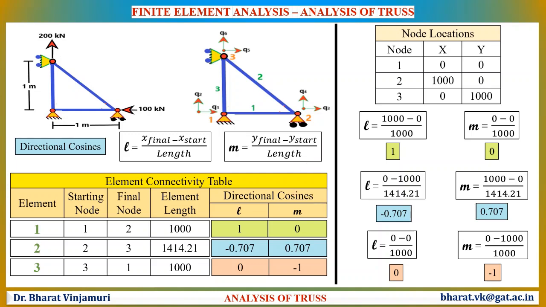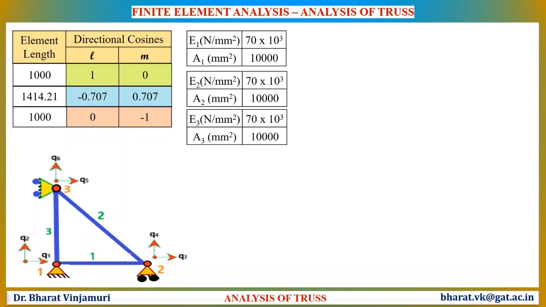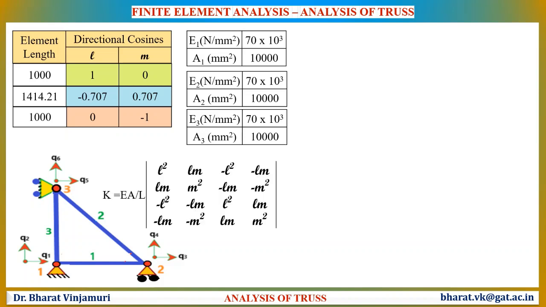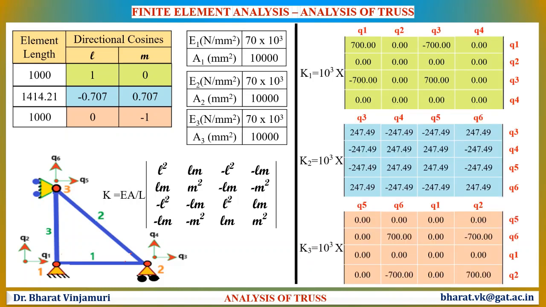Once we have determined the values in element connectivity table, now we'll be determining the stiffness matrices. From the given values in the example and substituting these values in stiffness equation, we'll be able to determine the 3 stiffness matrices.